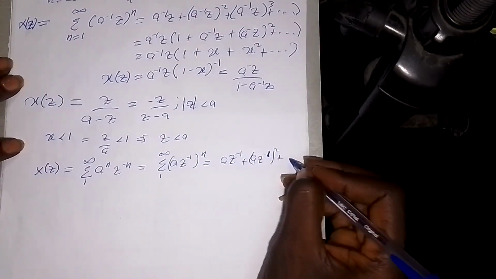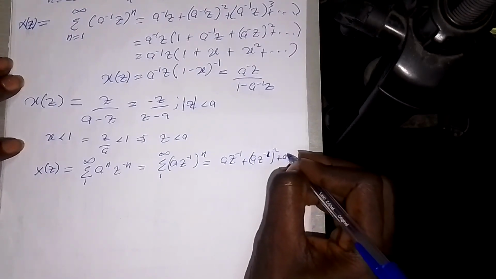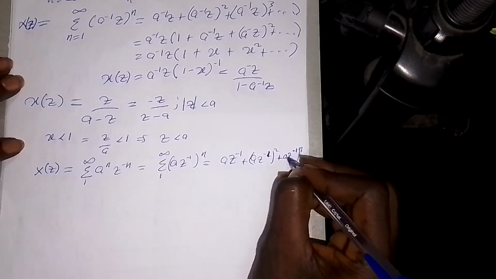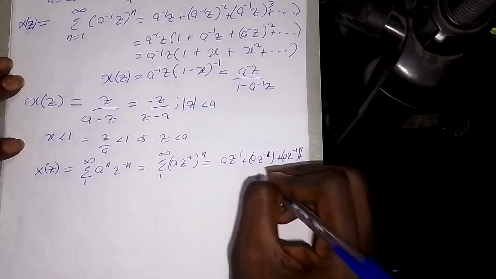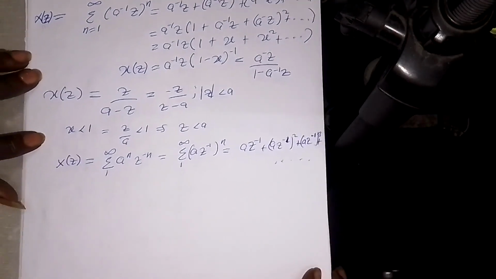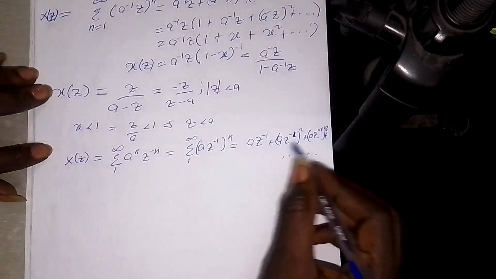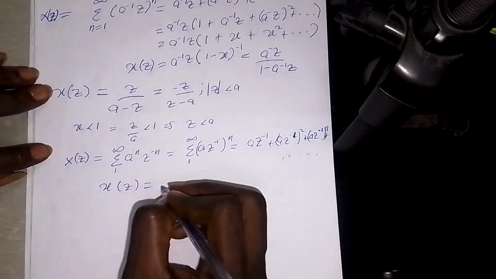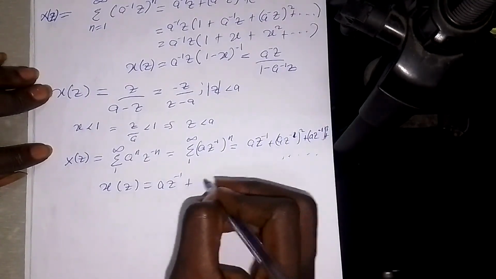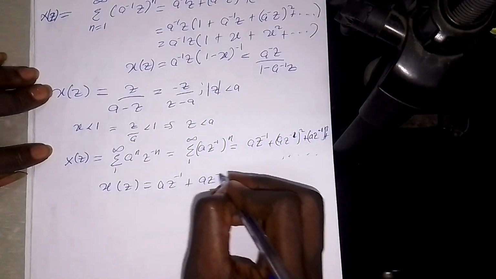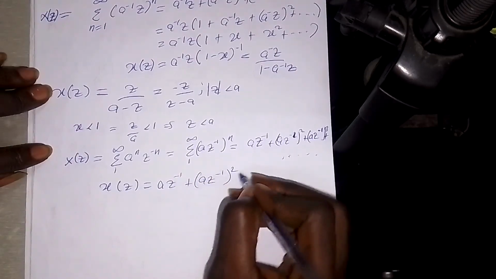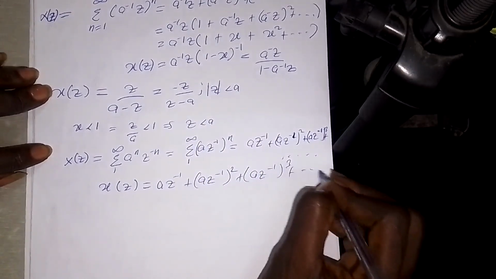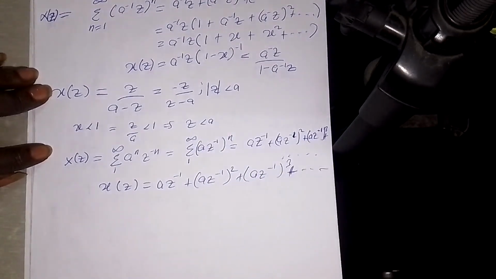If n is 3, I'll get a z^(-1) cubed, plus, going to infinity. So let me rewrite this expression here: X(z) is equal to a z^(-1) plus (a z^(-1)) squared, plus (a z^(-1)) cubed, plus, going to infinity.